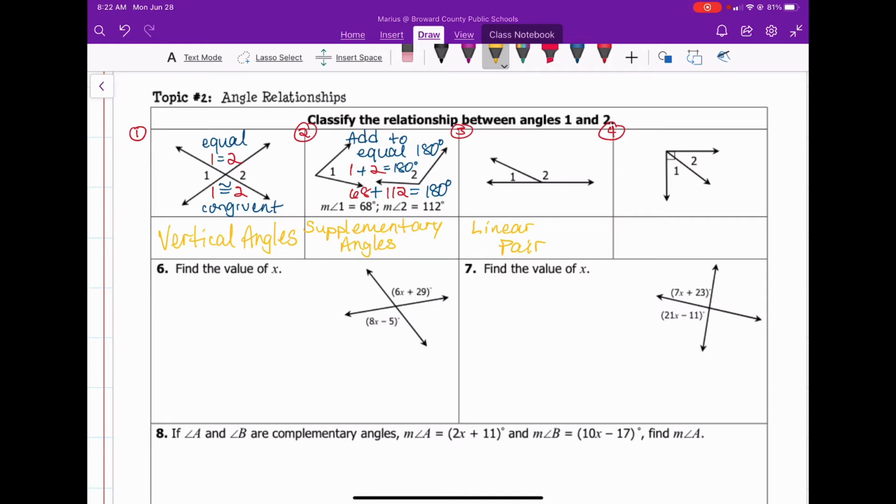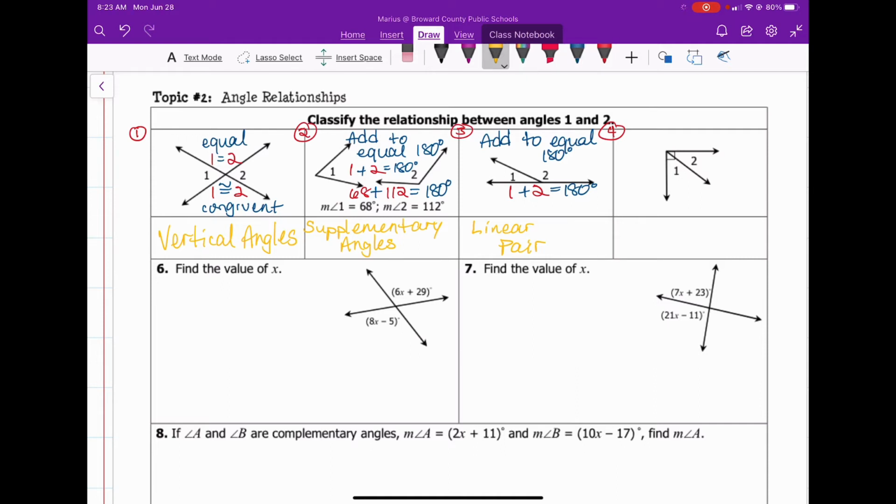Okay, so in this one, which also means that they follow the same rule, they add to equal 180. All right, and what I mean by that is that you can write this as angle 1 plus angle 2 equals 180 degrees.